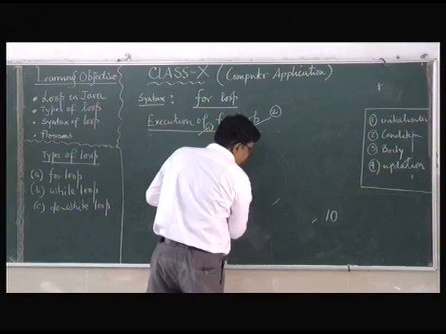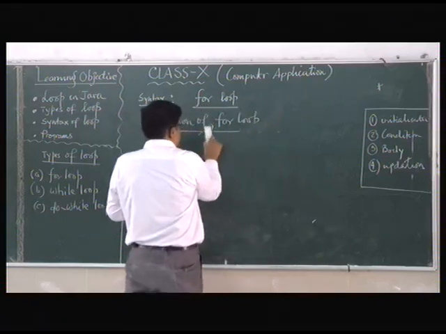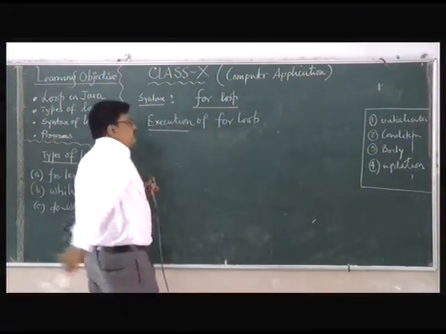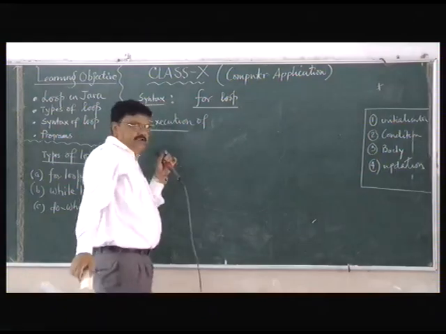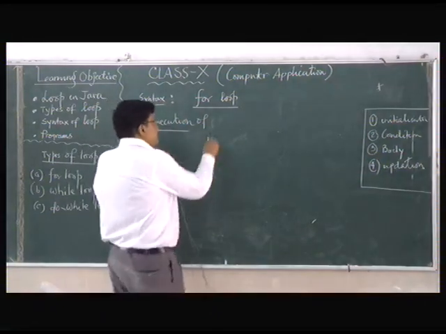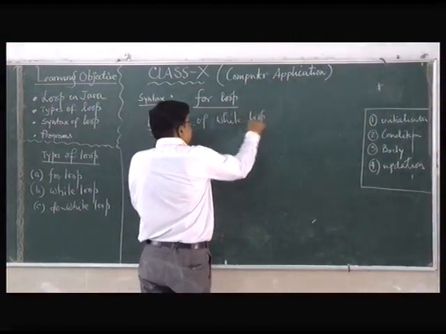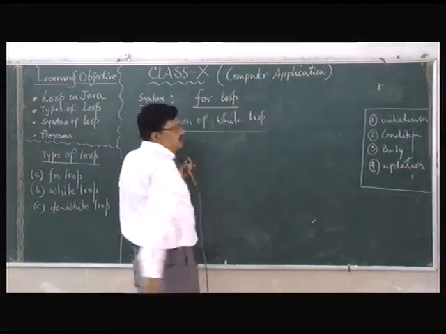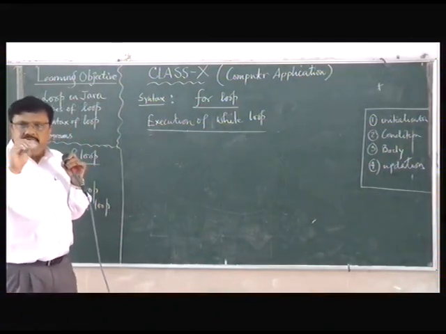Now same thing here also. Now you see, we go for the execution of the while loop. Now the while loop is again a, which loop is it called? Is it an entry control or exit control?